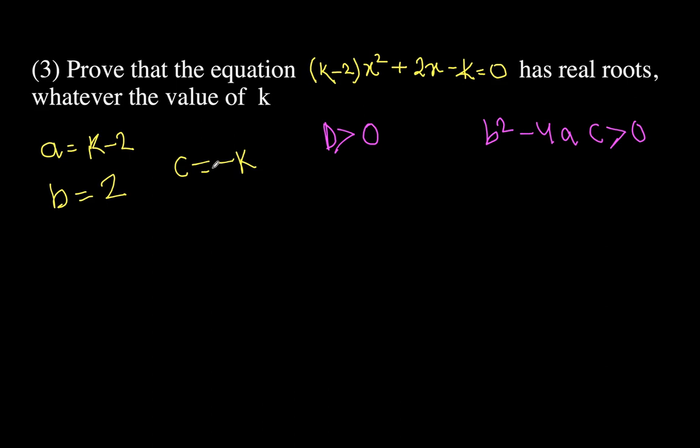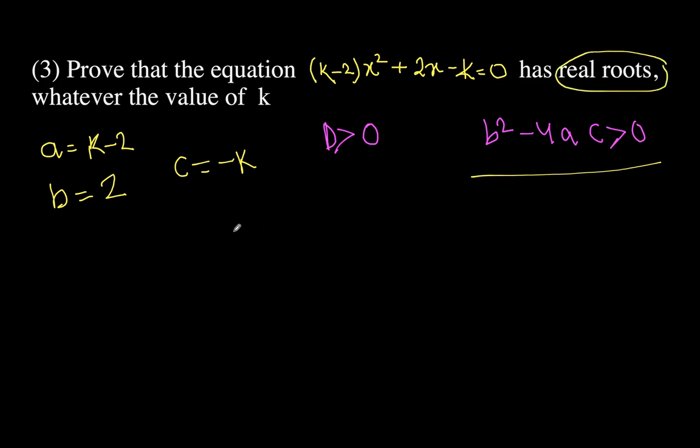Okay, now they have already said that the equation has real roots, whatever value of k, which means that the roots of the equation don't depend on k, but whatever value of k you put, you are going to get real roots. So you have to prove this. Okay, so let's prove this one. B square minus 4ac is always greater than 0, then only the real roots condition will be satisfied.